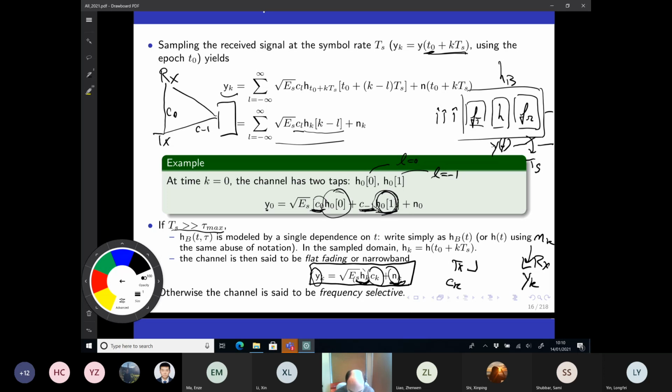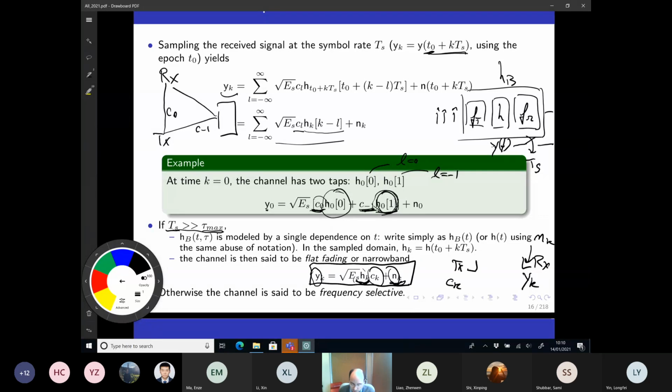What we're going to assume in this module is that we have a system such that the symbol duration is longer than the maximum delay in this wireless channel, such that I can ignore the interference between symbols here, and I have that my received observation at time k is equal to the transmitted signal at time, ck, multiplied by my channel at time, hk.